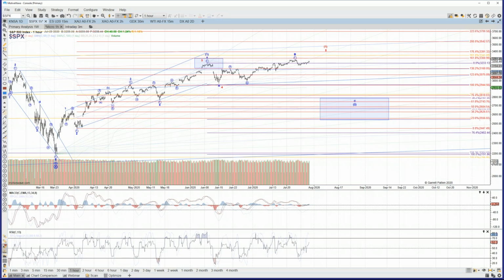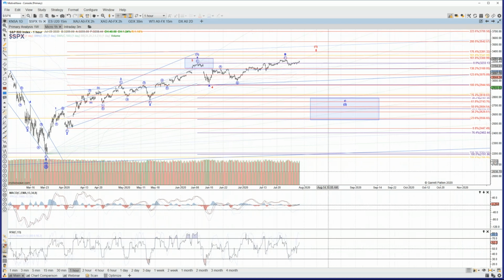Next question from James. He asks, I've seen Avi sometimes use MACD for bottom-top confirmation. Can you please explain how he does that? Most usage of technical oscillators with Elliott Wave theory is basically looking for positive or negative divergence.